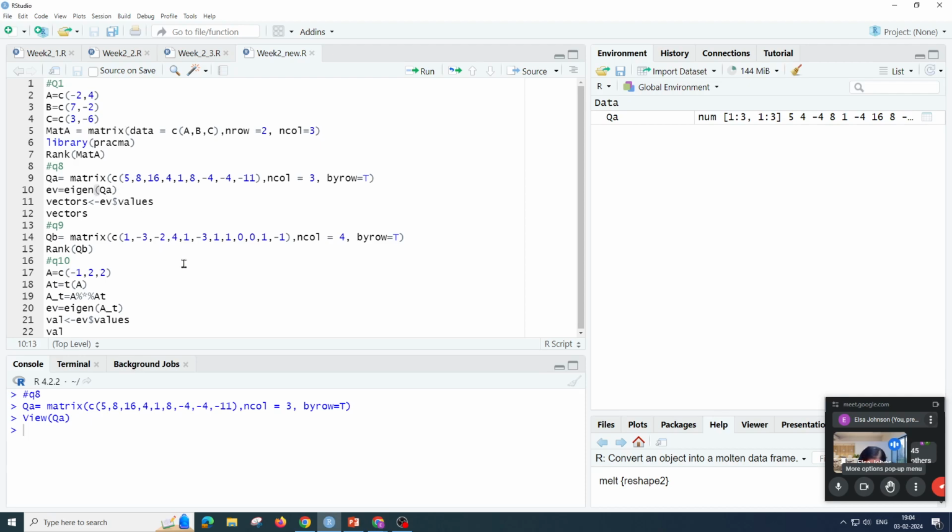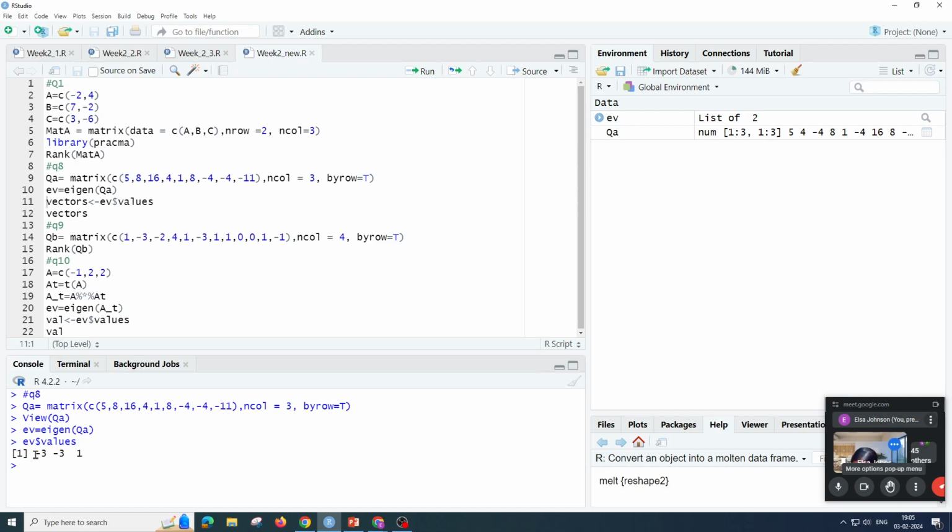For running this one, I need some packages, which are already there, so no problem. So EV equal to eigen of QA, then I am giving EV dollar values. It is stored in EV, right? So EV dollar values will give you the eigen values.